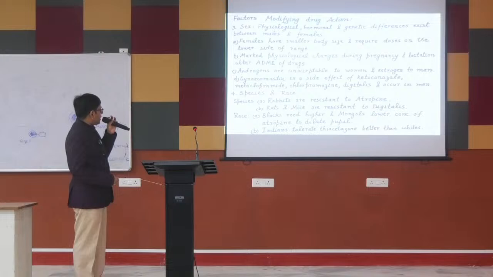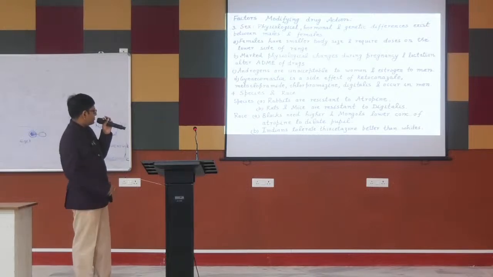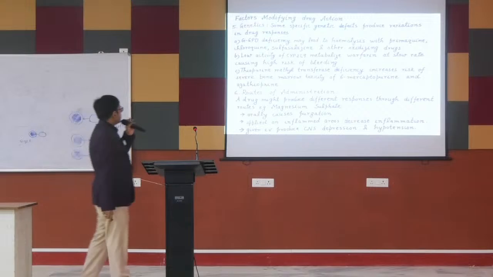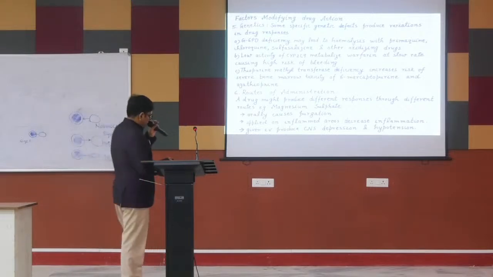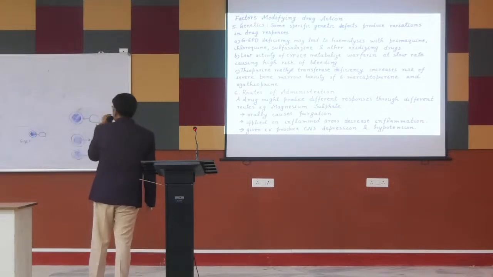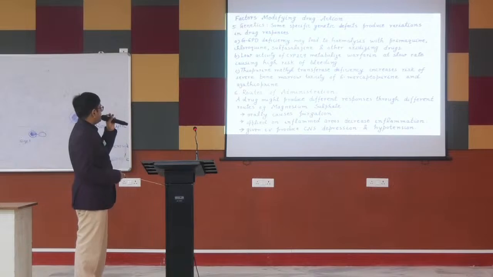Similarly, even if you look into the human population, according to race, there is variation. Like the same atropine needs a higher dose in the blacks, in the Africans, and a lower dose in the Mongols. Now, genetics. There are certain genetic peculiarities due to which drug action varies.